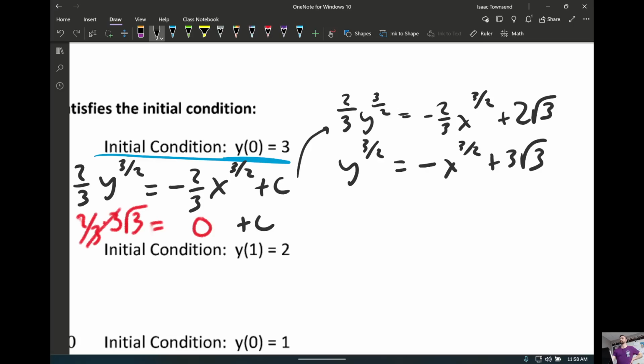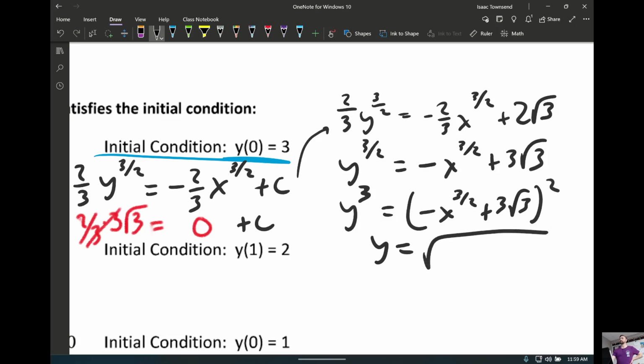And I could square everything to get rid of the 1/2 power. Square both sides. And finally, I could take the cube root of both sides. And actually, to take the cube root, I'm going to cheat a little bit here. To take the cube root is the same as raising to the 1/3.